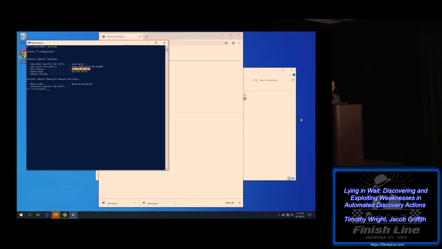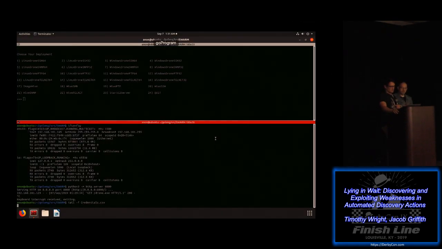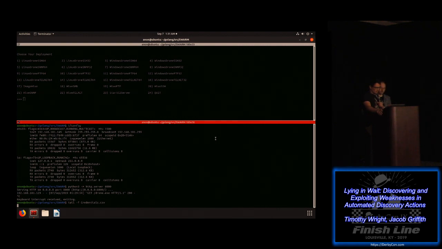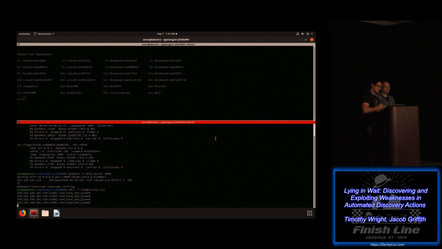I'll kick off the scan here in a second. Once the scan starts, it doesn't take too long before you start getting the credentials once it hits it. You see in the bottom window there, if you just watch it. There we go.